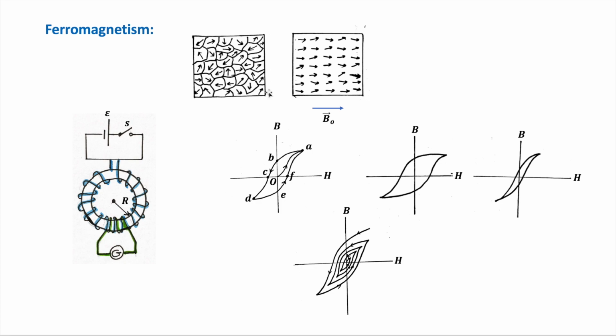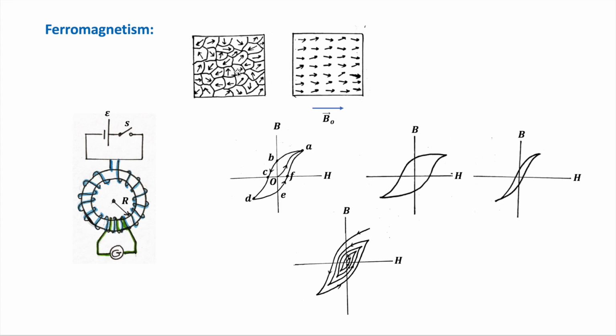So the ferromagnetic substance consists of microscopic regions known as domains in which the magnetic moments in each domain are aligned in a certain direction. Okay? Each domain has a volume of approximately 10 to the minus 12 to 10 to the minus 8 meter cubed and contains about 10 to the 17 to 10 to the 21 atoms.